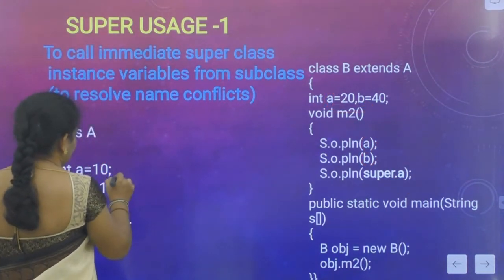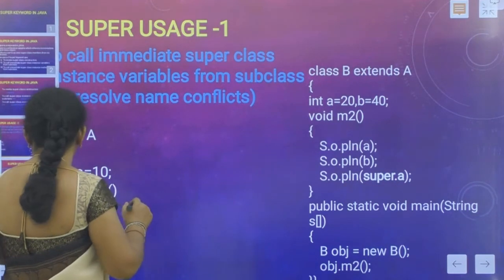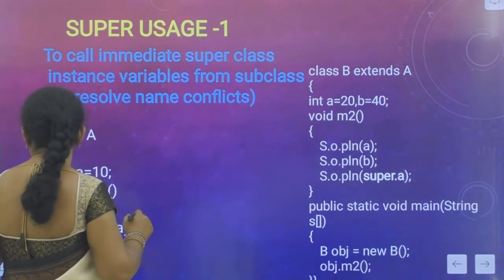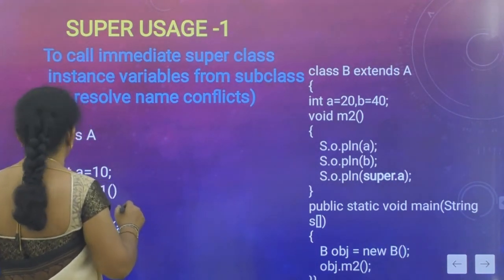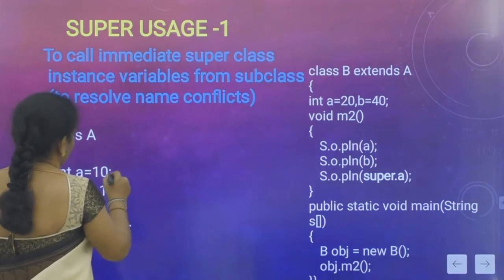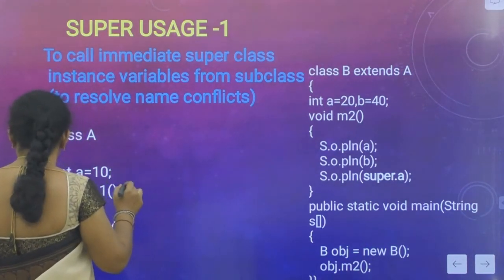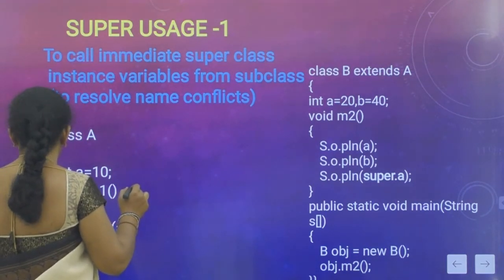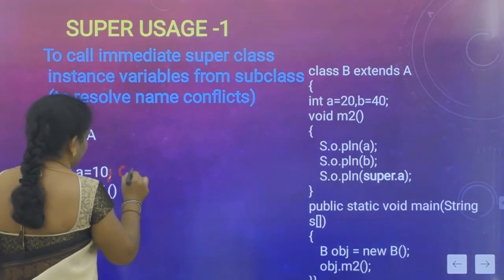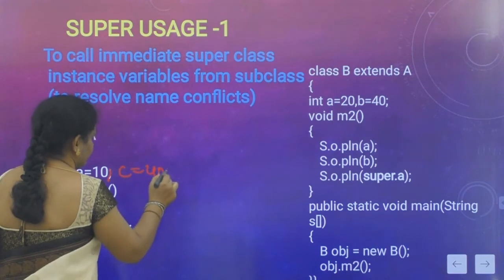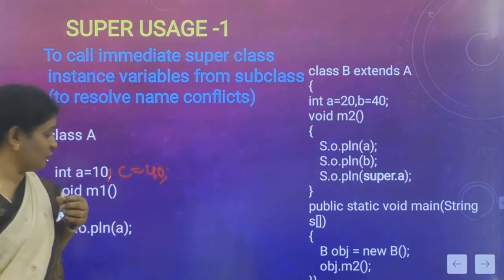What if I write, assume I have taken one more variable C equals 40 here. Two instance variables in the superclass.